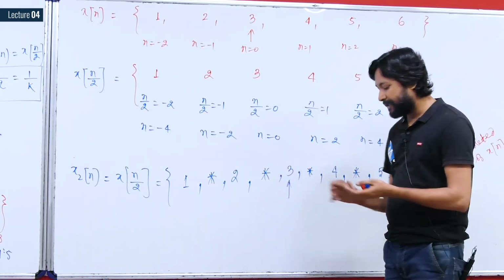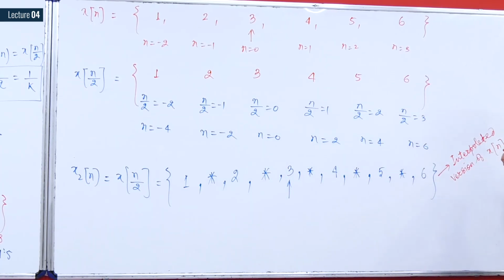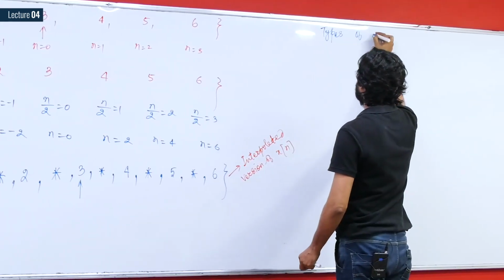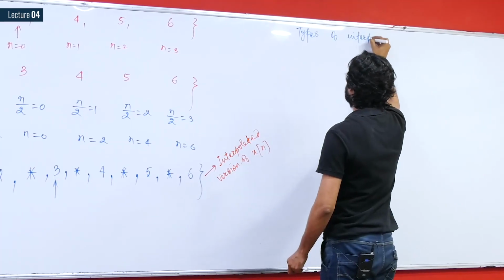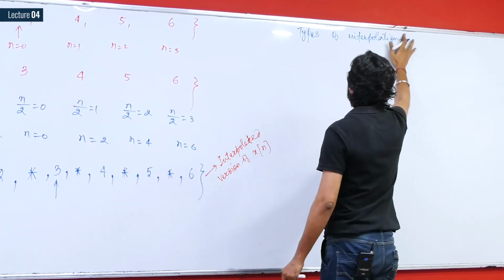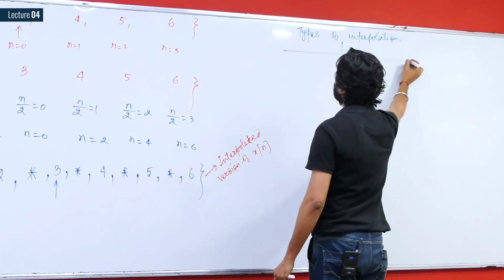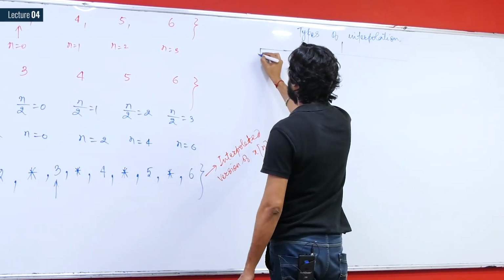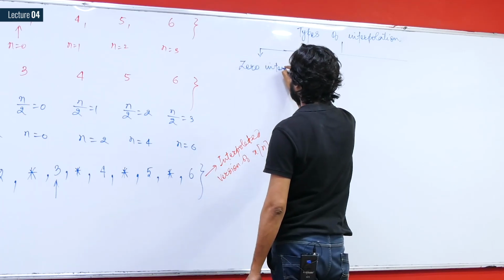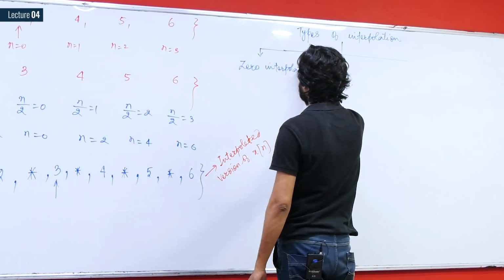Now we can talk about the types of interpolation. It can be of several types. The first type, which is more commonly used, is zero interpolation.